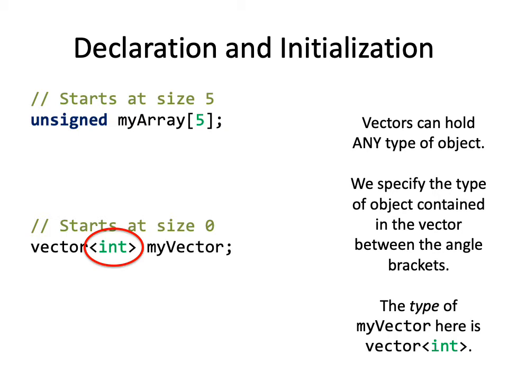Is it a vector of booleans? Is it a vector of strings? All of those are possible. Is it a vector of vectors? That's possible too. So we need to tell it that it's going to be a vector of integers. That's going to, under the hood, tell it that we want to have an array of integers somewhere. So the type of myVector is vector bracket int bracket.